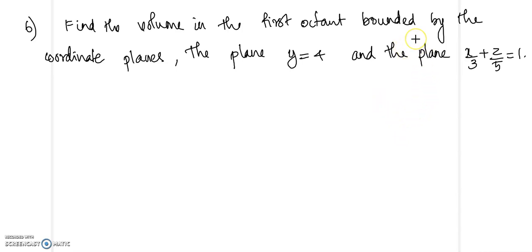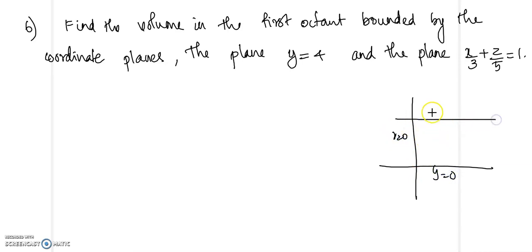We have the region in the first octant bounded by the coordinate planes: x equal to 0, y equal to 0, and it is bounded by y equal to 4. In the first octant z will be equal to 0.